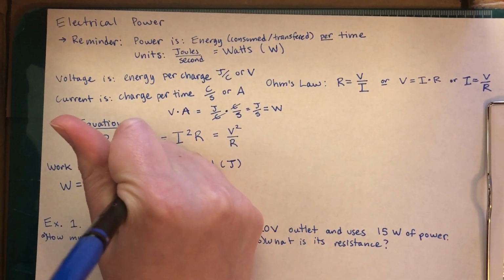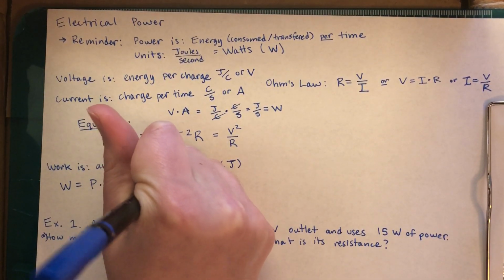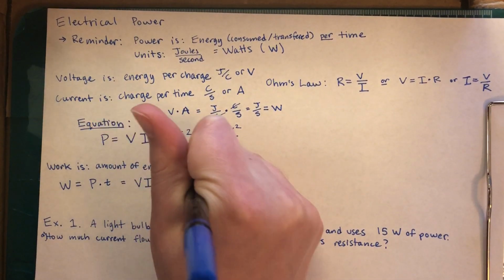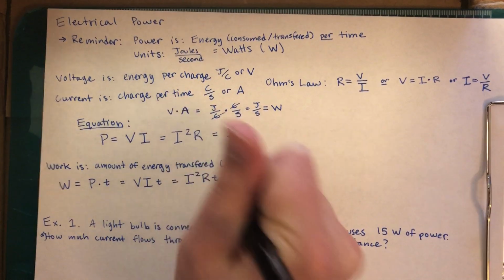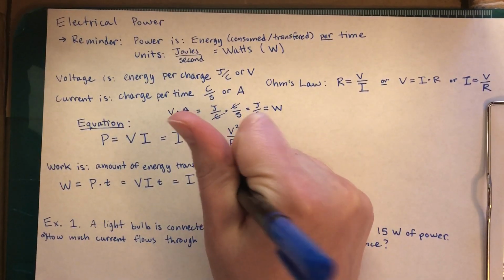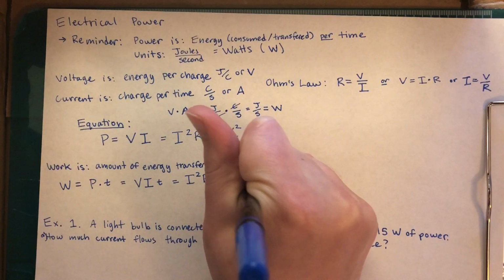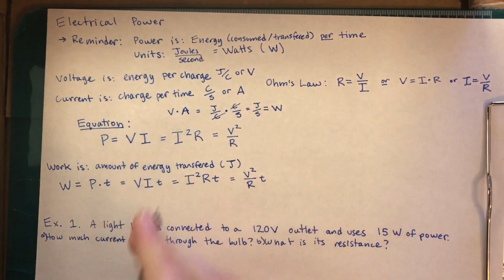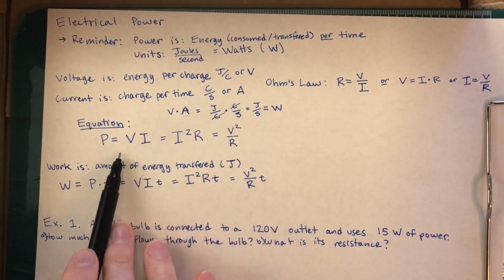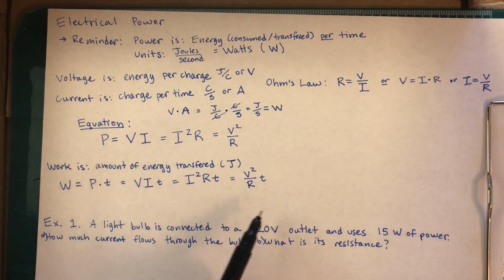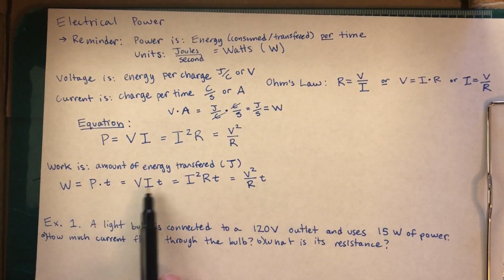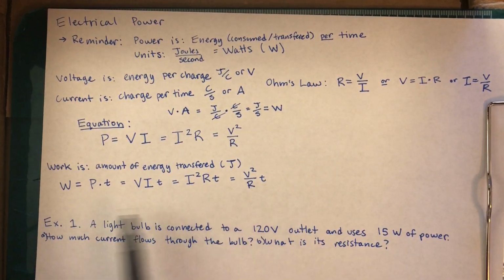So I could write VI times T, or I could write I squared R times T, or I could write V squared over R times T. Either way, I'm taking the power, any of these powers, and multiplying it by the time. So depending on what things you know, you can use any one of these options, and these again are all listed on the reference table. All right, let's see some examples.